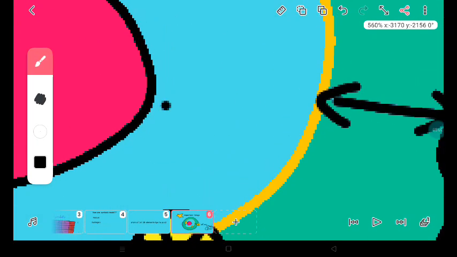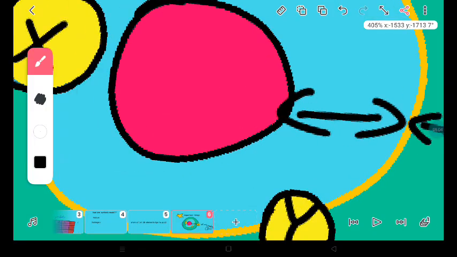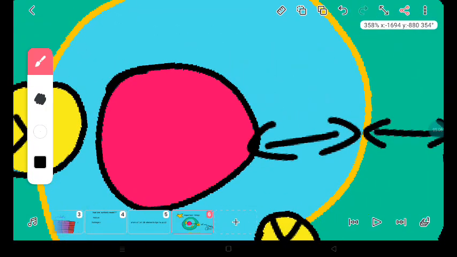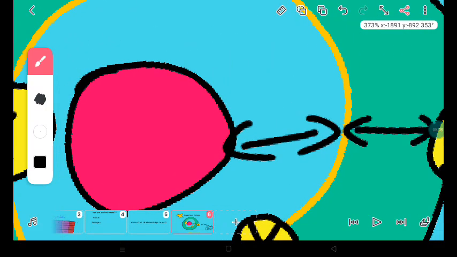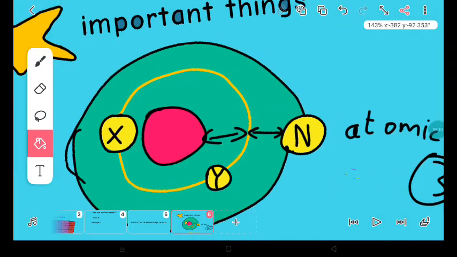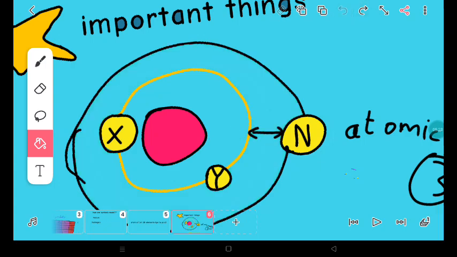The space between this atomic nucleus and this electronic orbit is this much. I hope you understood. That is electron shell. The space between electron orbits is known as electron shell. Now valency.